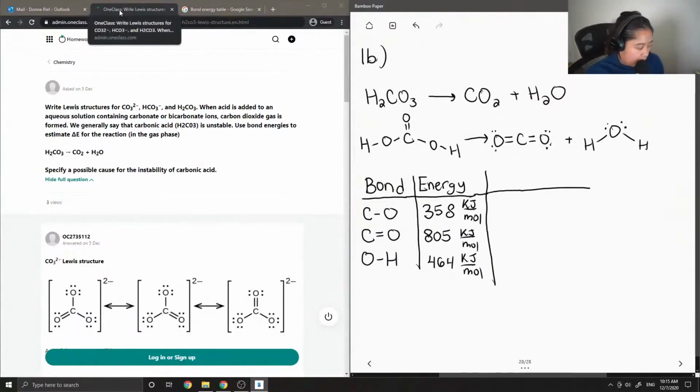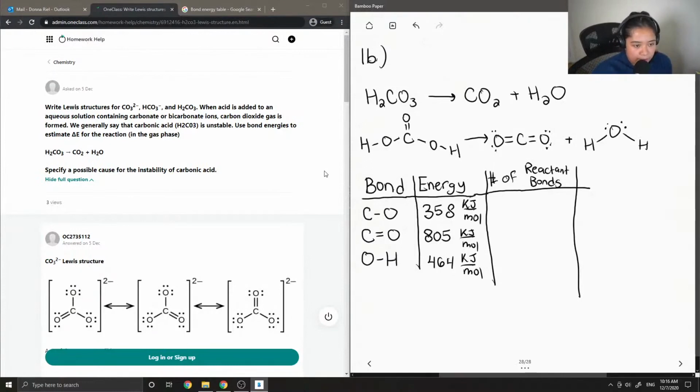And what I also want to write down are the number of reactant bonds for each of these bonds in the table. So we just need to count out how many single bonded carbon-oxygen bonds there are in our reactant.